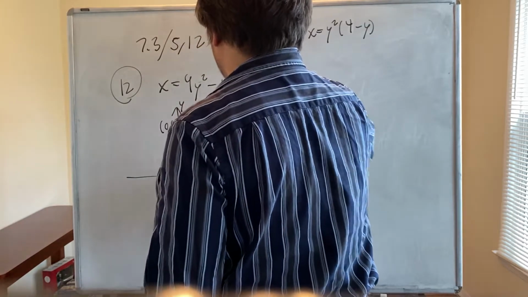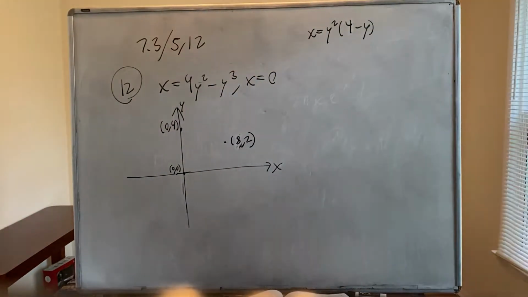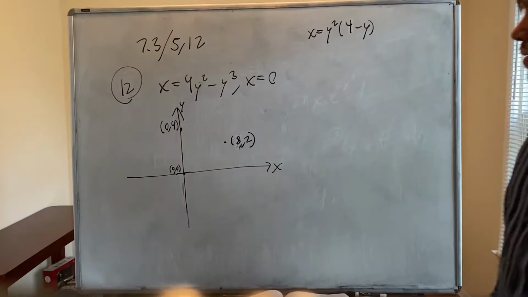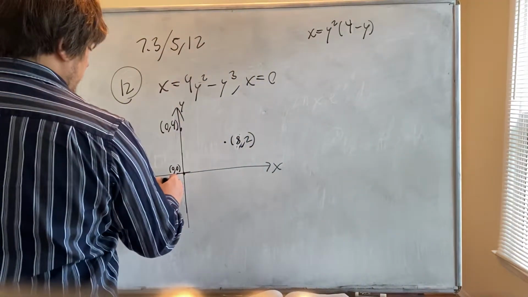I'm sorry, when y is 2, x is 8. So 8 comma 2 is the point there. So it's bounded by x equals 0 in that graph, okay?